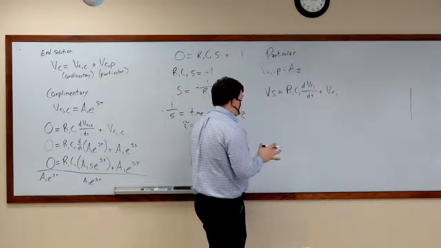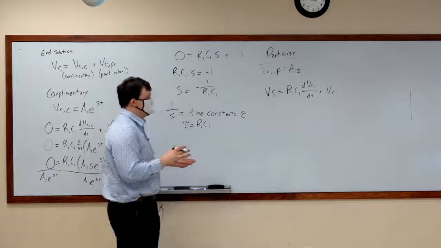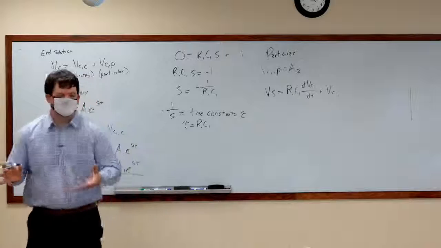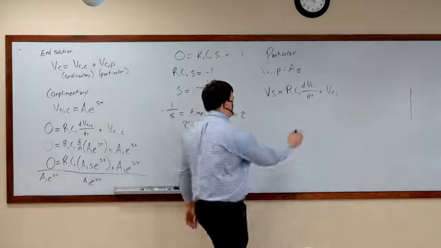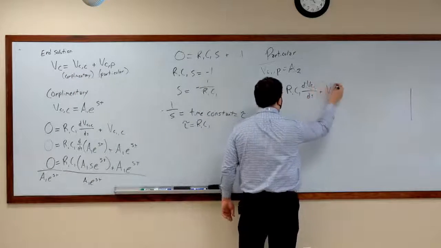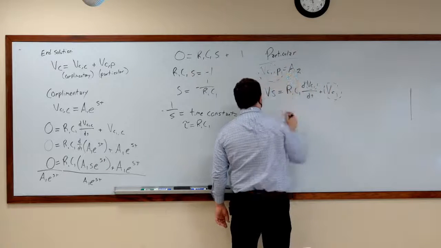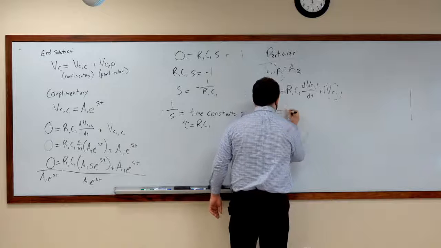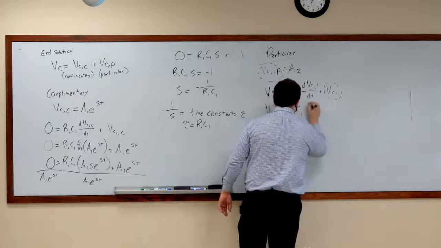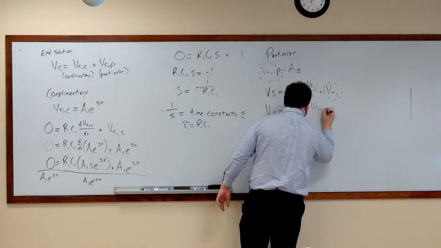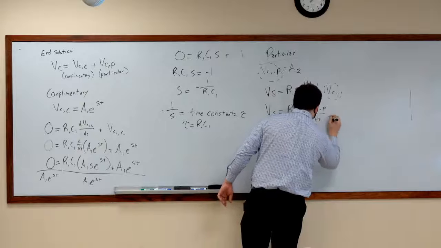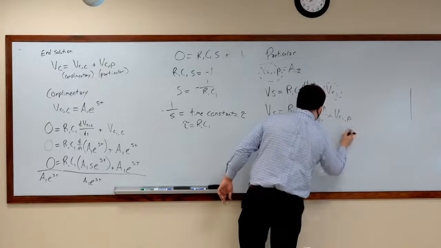Now I'm going to say, well, this has to be true for the particular solution. I'm going to replace Vc1 with Vc1p. Vs is equal to R1C1 dVc1p/dt plus Vc1p.